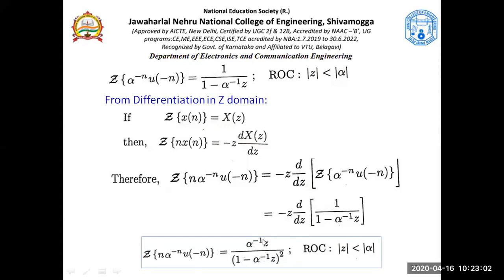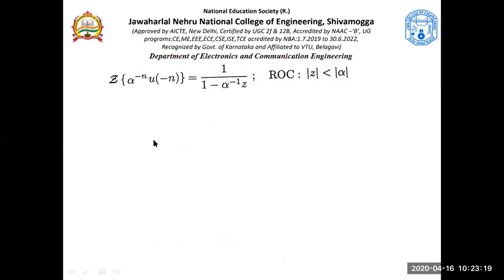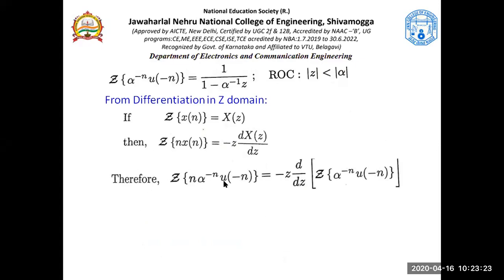We need to obtain the Z transform of n alpha power minus n u of minus n. How did we start? We started with alpha power n u of n, then we obtained alpha power minus n u of n, then alpha power minus n u of minus n, then we multiplied n to that particular signal.